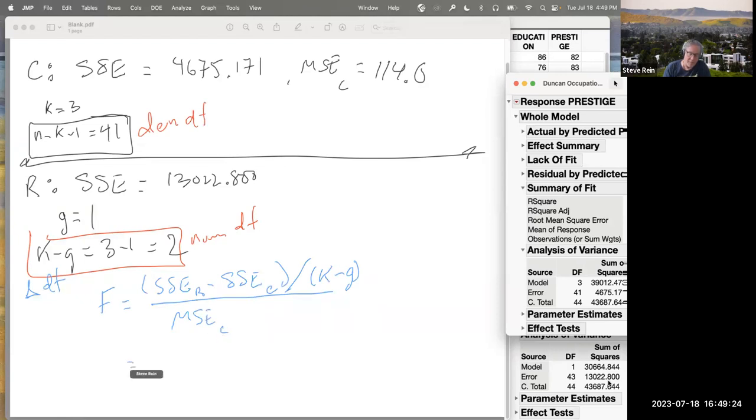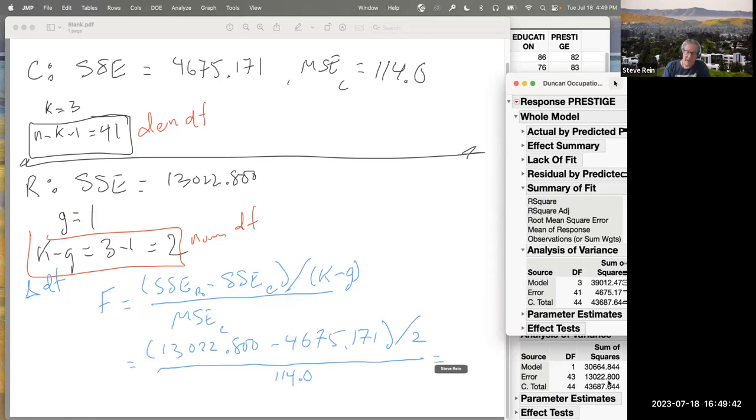Here we've got 13022.800 minus 4675.171 over 2, and the whole thing over 114.0. So that is an F number.